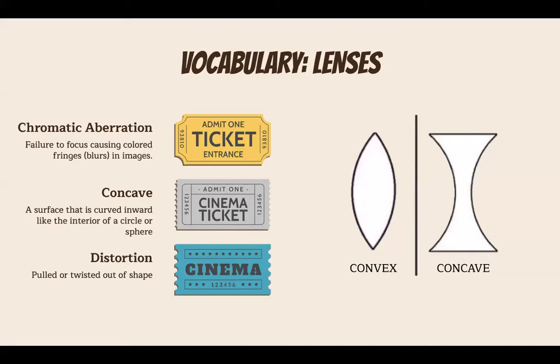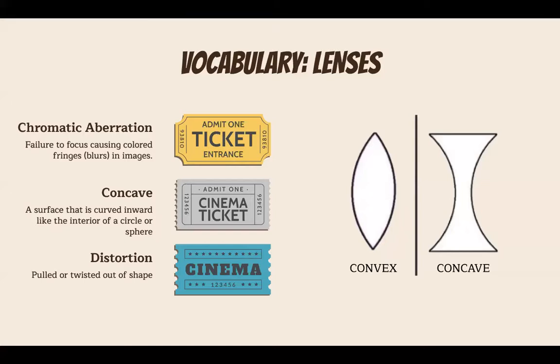And it creates this chromatic aberration, which is a failure to focus causing colored fringes. Fringes are like at the end of a piece of material that is frayed, kind of. Fringes are just kind of like little fingers that stick out, but it just looks blurry essentially.